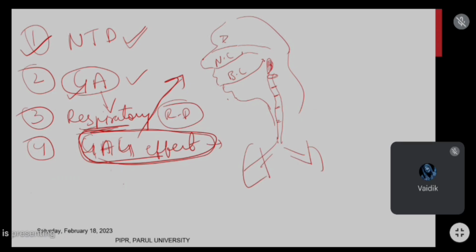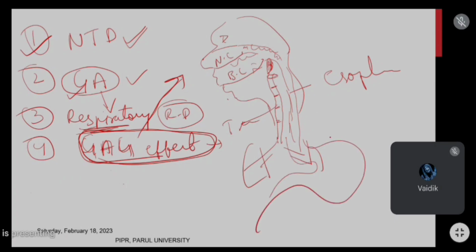Here we have one more passage, entering into the stomach through the esophagus. This is the esophagus, this is the trachea. As I explained in first year anatomy, the pharyngeal muscles are very strong. When the pharyngeal muscles contract, the epiglottis immediately closes, and food and water are swallowed through the esophagus into the stomach.